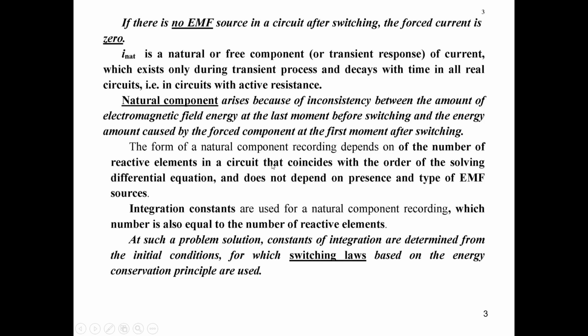Because we have a forced component which will last during all period t greater than 0, and as it was not there before commutation, after commutation it appears, and to compensate it, this natural component arises to make a smooth transition of magnetic or electric field energy during this commutation at the moment t equal to 0.